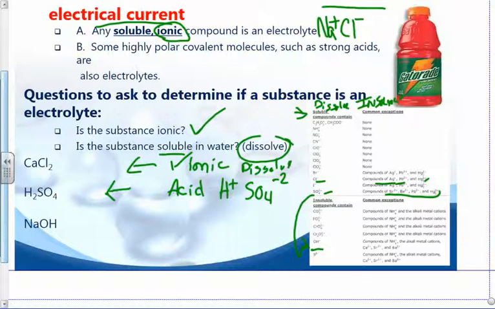The exceptions are when it's mixed with a compound of ammonium, or if it is an alkali metal that it is associated with or bonded with. And Na, as we know, is an alkali metal. So this will also dissociate in water.